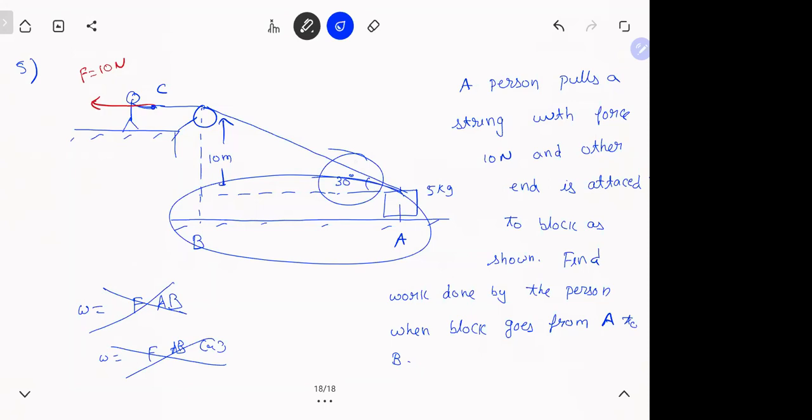Where are you applying force? Here. So you should take whose displacement? This guy. Second thing, you can't use 30 degrees. Why? When the block comes here, the angle is changing at every moment. How can you take 30 degrees? Every instant the angle is changing as the block is coming.